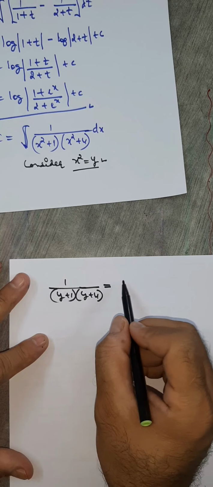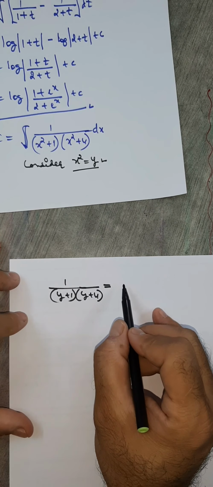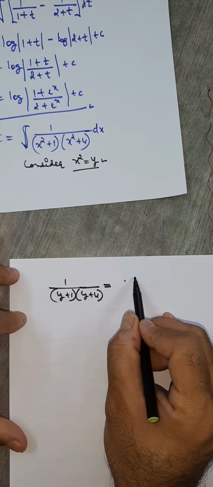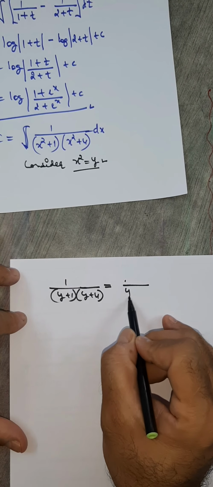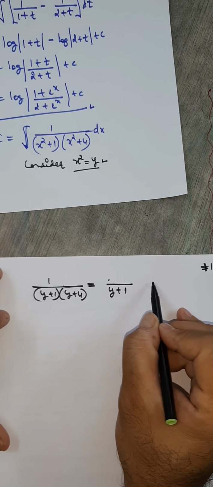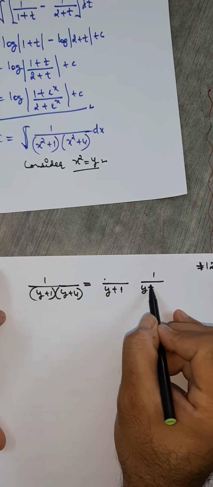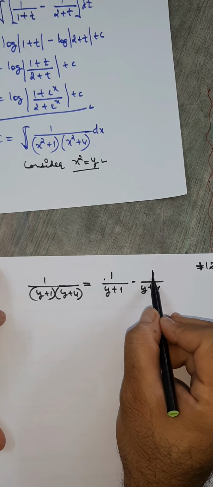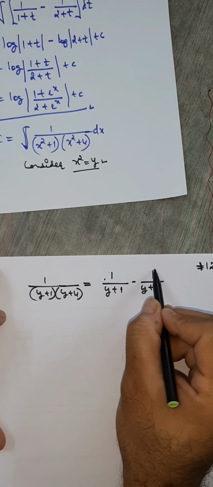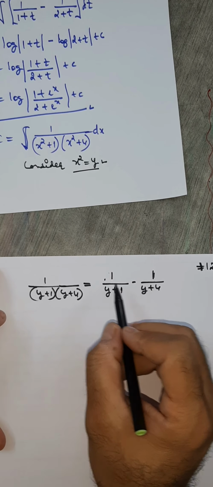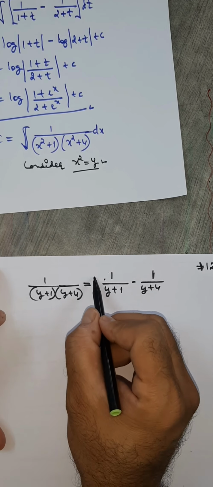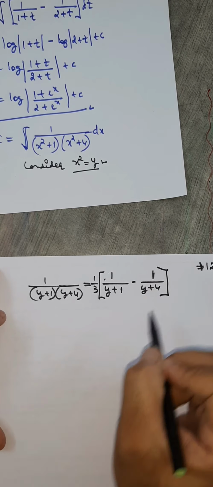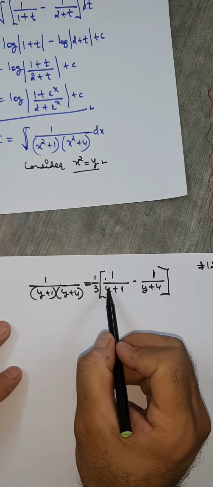Now here you can just follow this method, that a and b, but I'll try to do it directly here. I'll write some constant upon y plus 1, minus some constant upon y plus 4. I'll put 1 here, 1 here. See, 4 minus 1, y will go away. So what is the extra there? 3. So I'll put 1 by 3 in front of this.